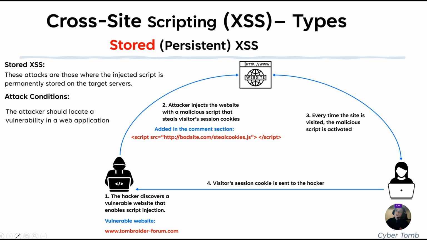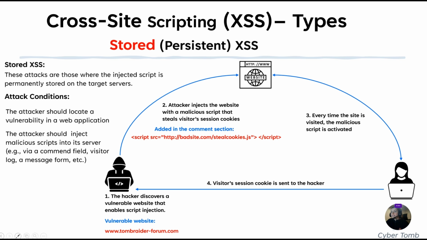Attack conditions, pretty much the same. The attacker should locate a vulnerable web application. The attacker should inject a malicious script into its server, via comment field, visitor log, or message form, etc. But the attacker does not need to send any phishing email or use any social engineering methods, as the payload will be stored on the server.